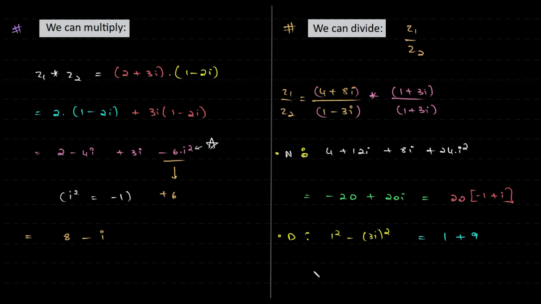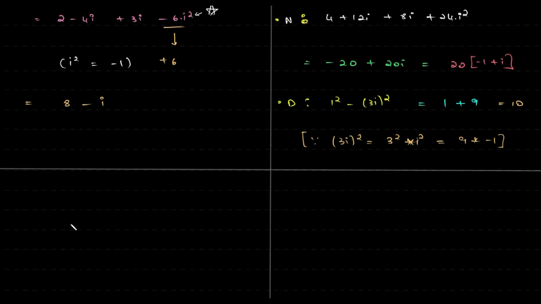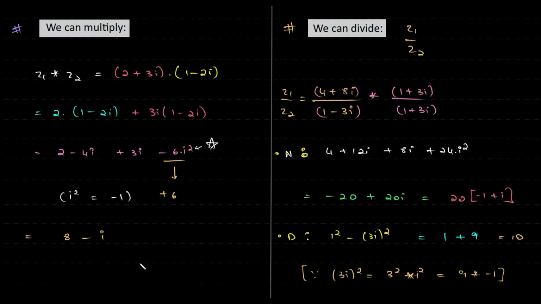So the reason being the following, because 3i square is 3 square into i square, which is 9 into minus 1, and minus of minus is plus, and so this is 10. So we basically have z1 by z2 is equal to 20 by 10 times minus 1 plus i, which is nothing but your 2 times minus 1 plus i, and that would be your answer.